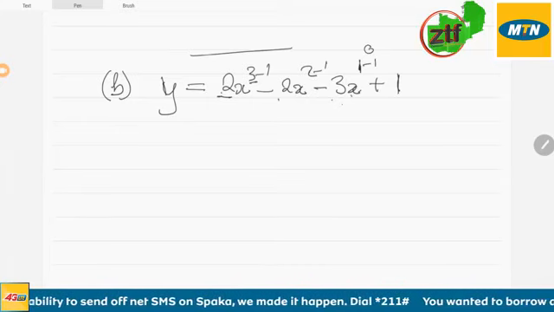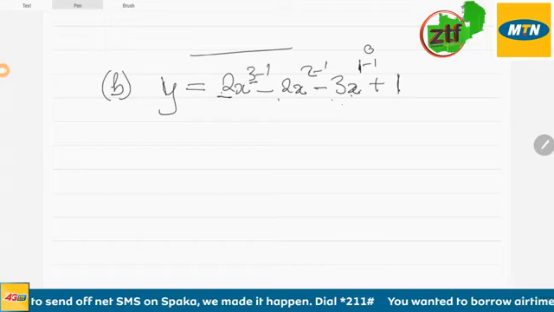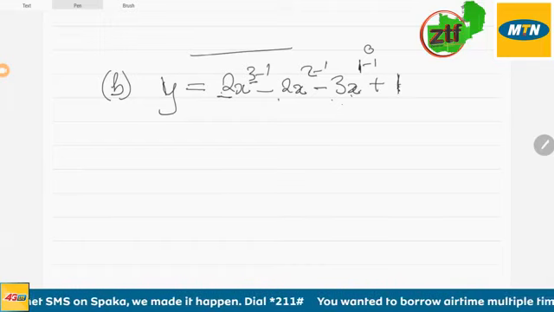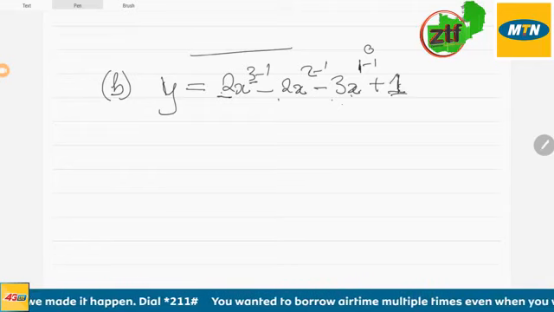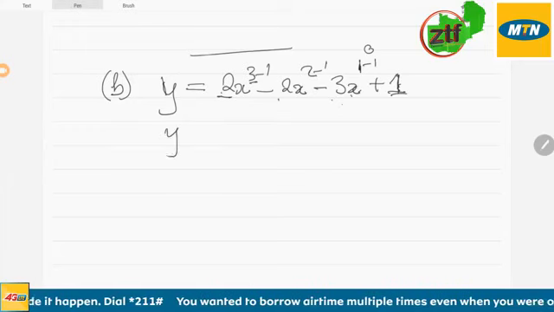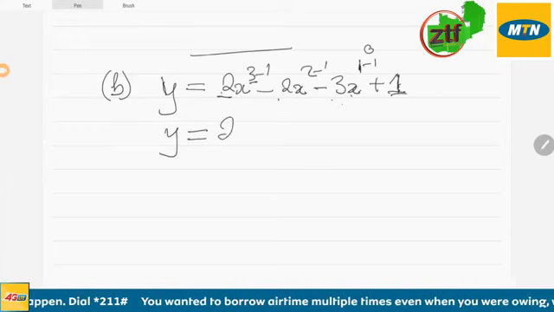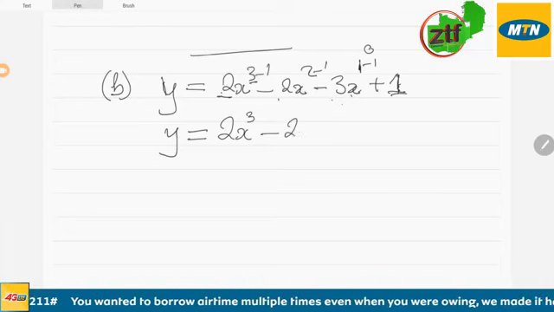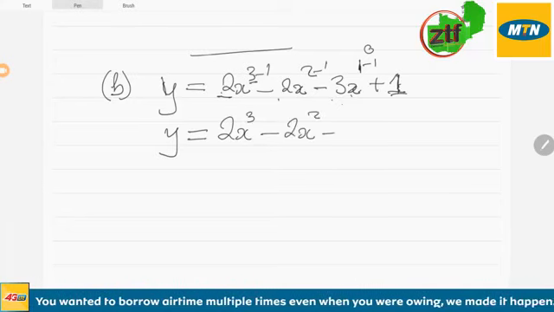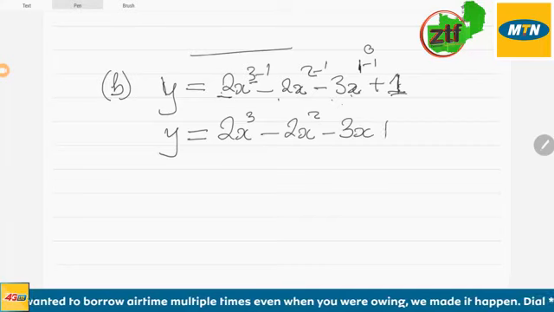Any number raised to power 0 is 1. And when we differentiate the constant 1, it will not have an effect on the equation we've been given. So once more, we have y equals 2x cubed minus 2x squared minus 3x plus 1.